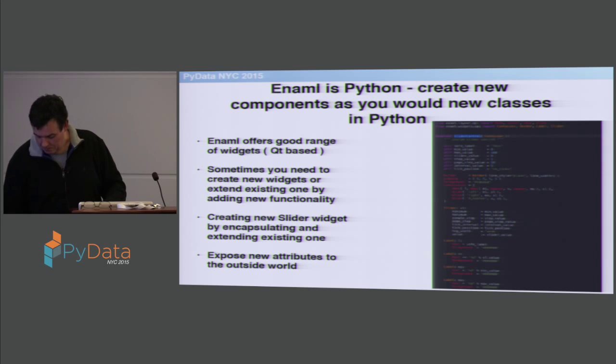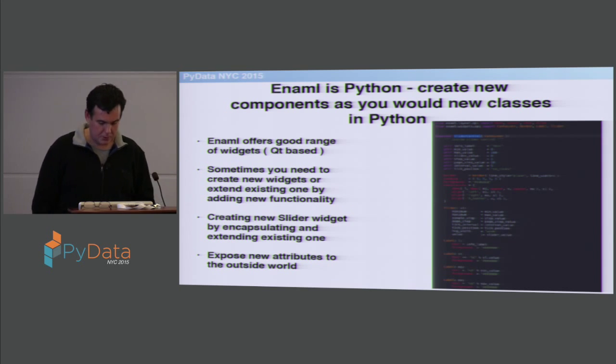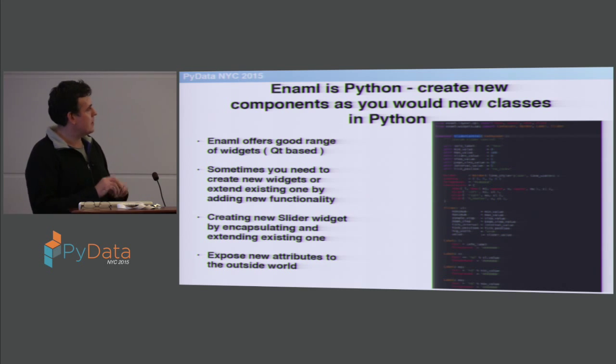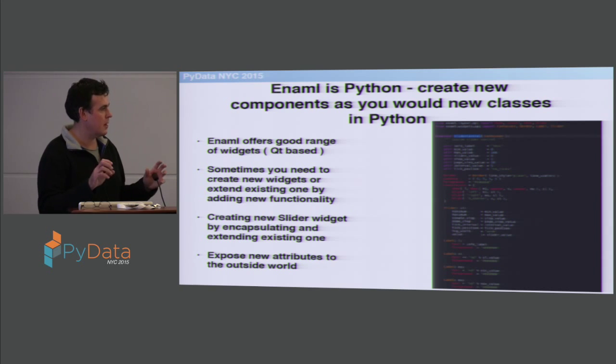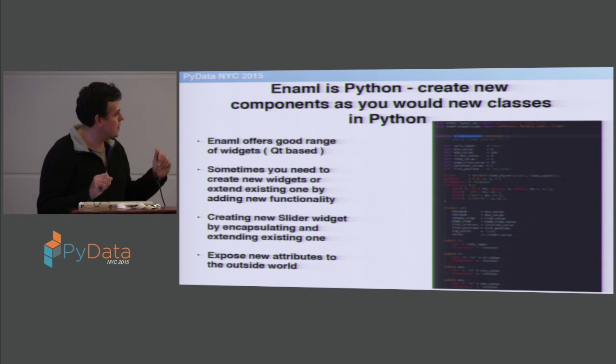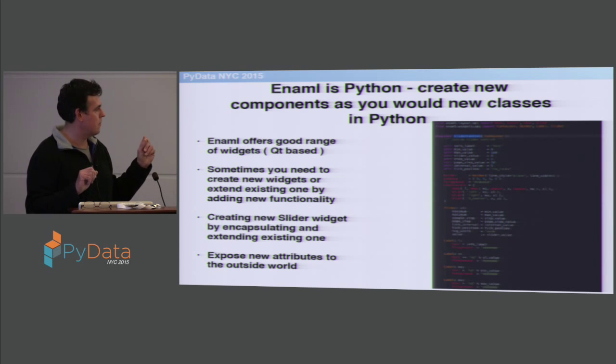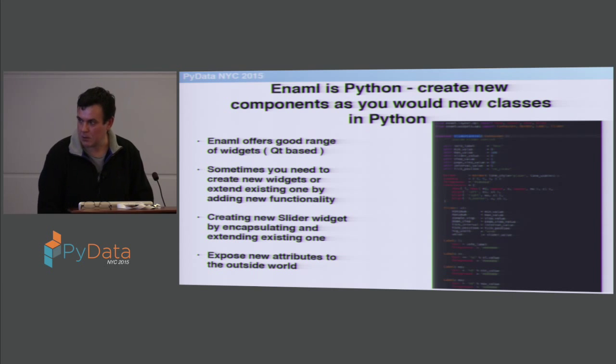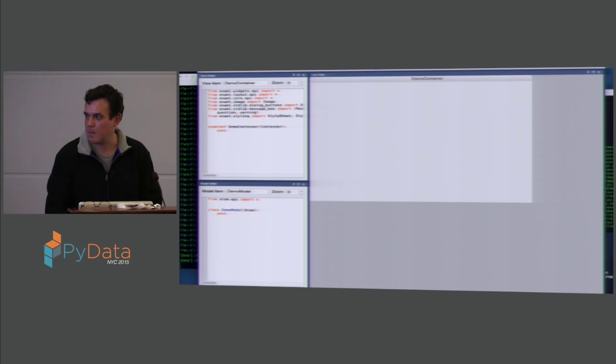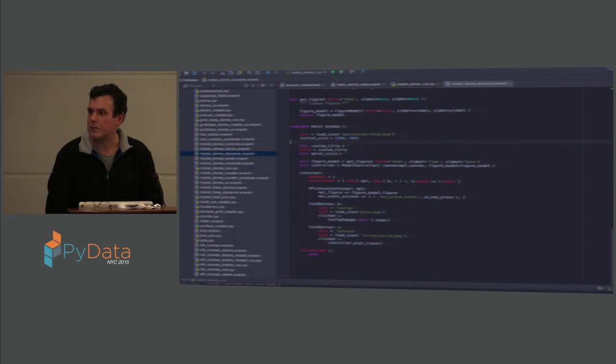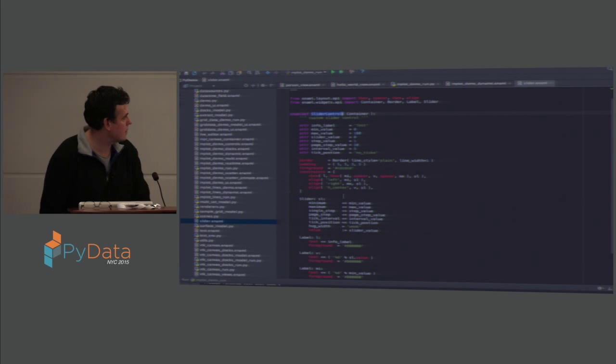So one thing I'm going to do is show you a couple of examples. For instance, here in this slide, let's say I wanted to create a new slider. The slider is kind of useful, right? You want to slide some data, you want to slice it and dice it, and in here you have a slicer control. Let me bring up the code, it's probably better. When you download the examples, there is something called slider.